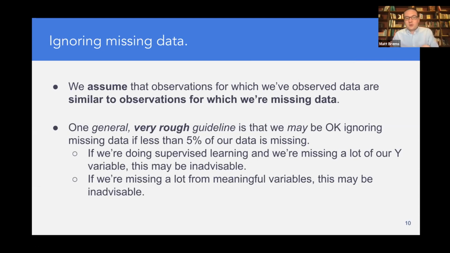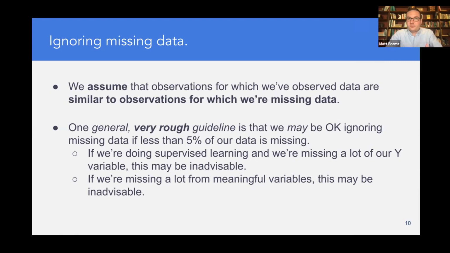One very rough general guideline that I've heard in the past: people often say, well, what's a number? Give me a number at which we would be okay if we just ignored missing data. The rigorous answer is we're never okay ignoring it from an academic or theoretical point of view.